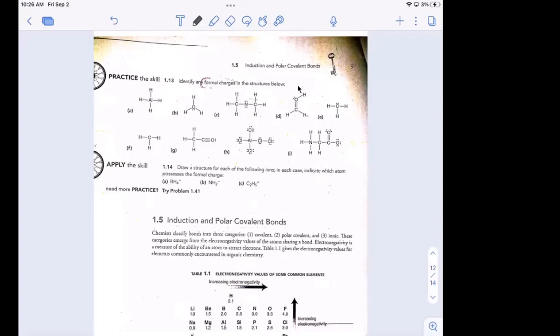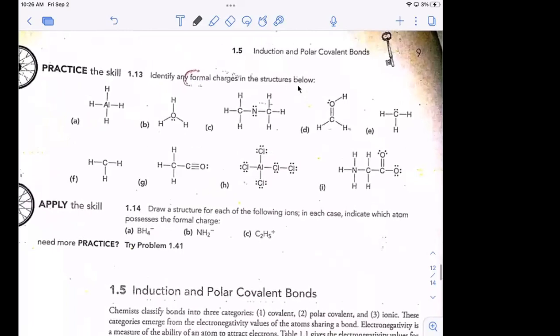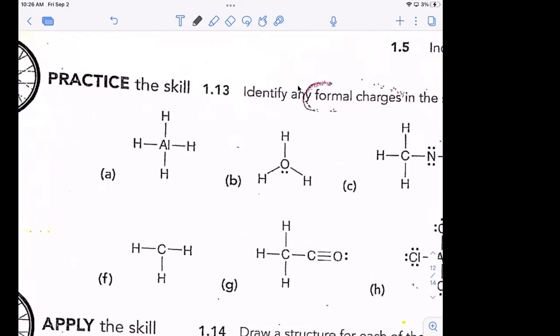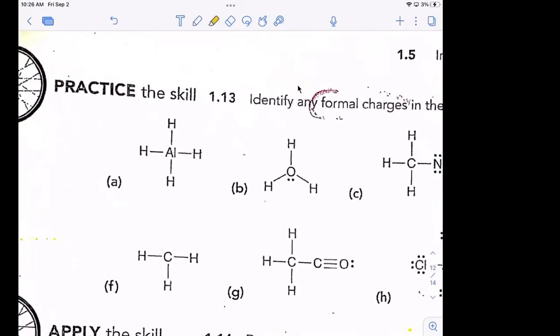All right, let's work through a few of these formal charge problems, and then we're going to talk about polar covalent, non-polar covalent bonds and dipoles. Let's go here. I'm going to pick out a few.